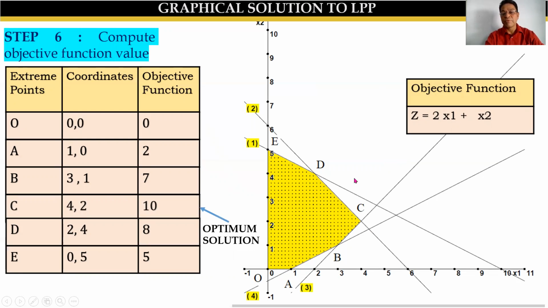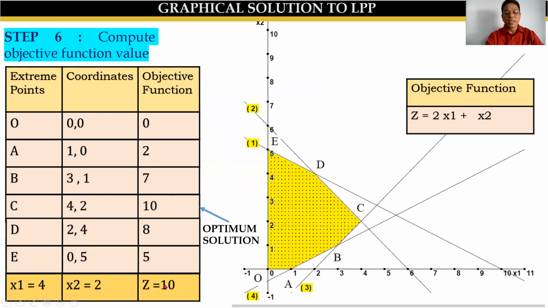We have seen it by the graphical method and by doing the calculations. The optimum value of Z is 10, which is obtained from x1 equal to 4, x2 equal to 2. Substitute 4 and 2 for x1 and x2 in the objective function to get the value of Z.